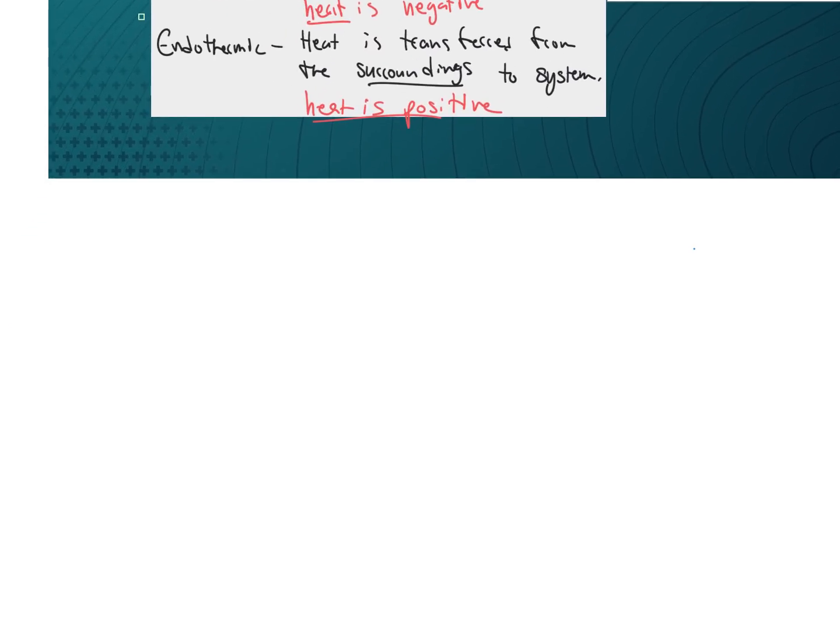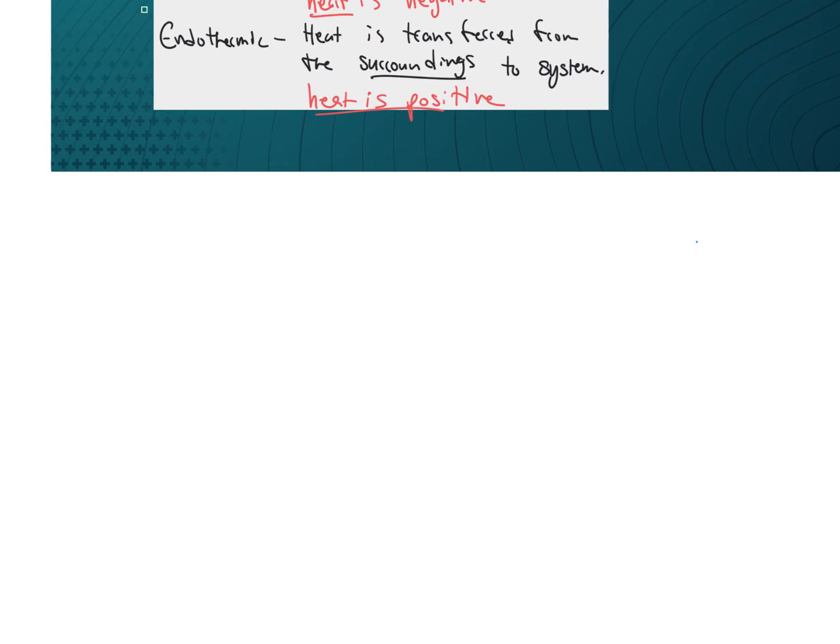Now, just to demonstrate what an exothermic process will look like, let's say I have a little flask right here. It's a poorly drawn flask, but it's a flask nonetheless. In an exothermic reaction, where heat is this in red, the heat is leaving my flask.